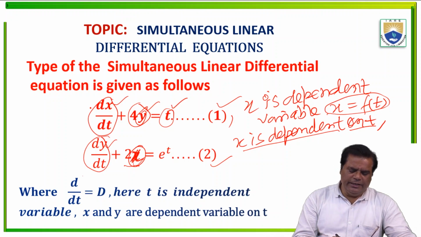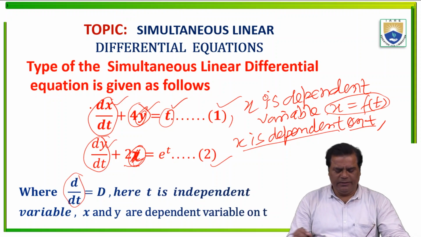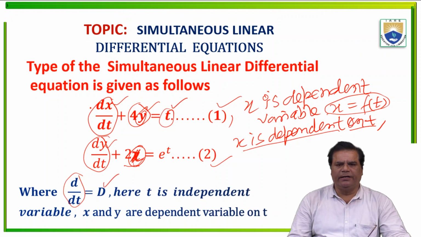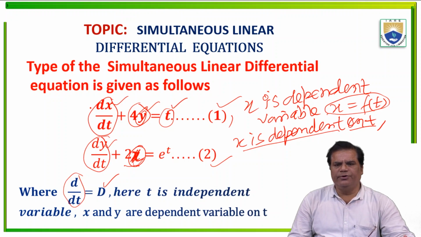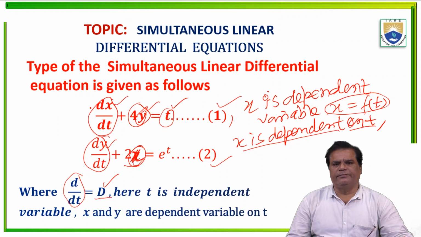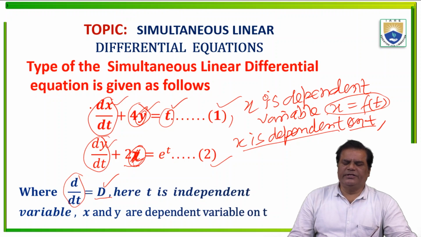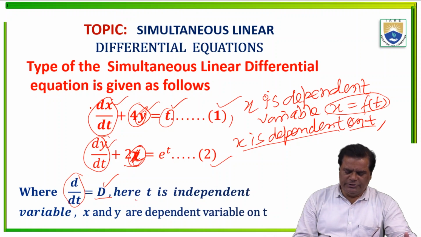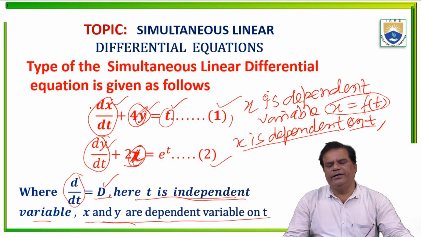Okay. Here d over dt, differentiation with respect to t, is equal to capital D. We are considering in our question that differentiating with respect to t is capital D here. D is the differentiation operator with respect to t. Here t is the independent variable and x and y are dependent variables on t.